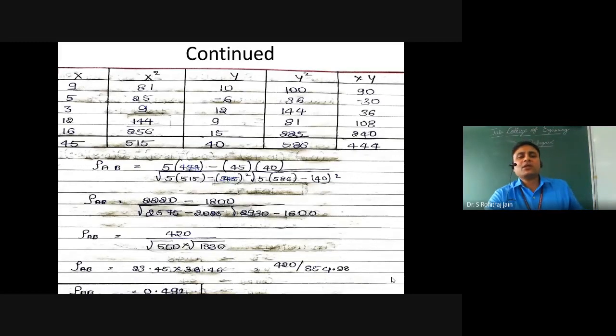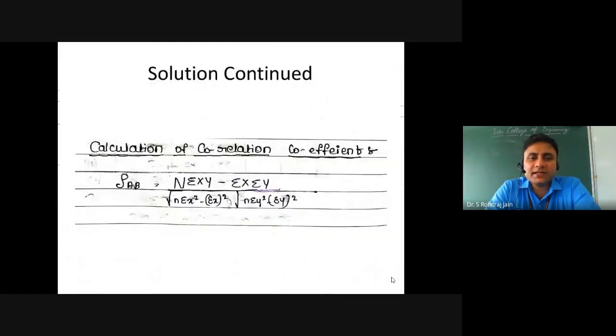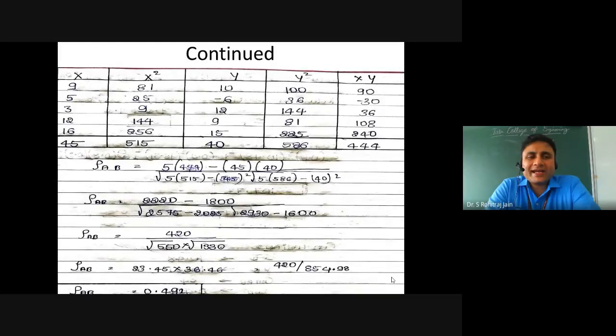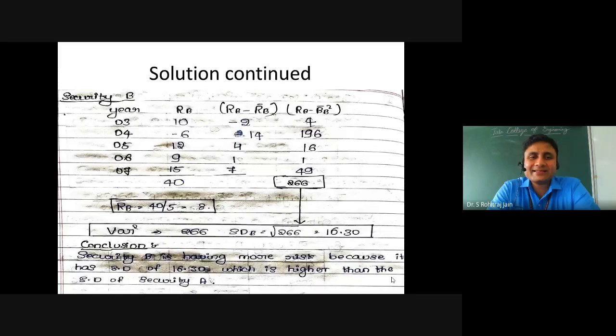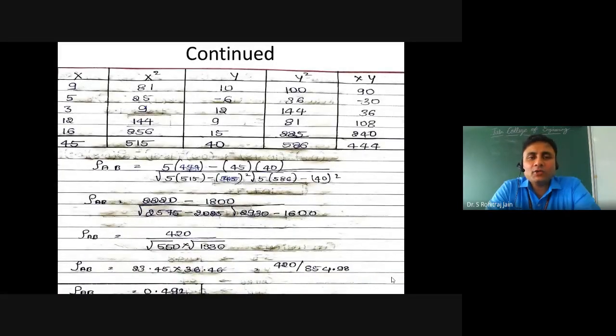Now first I'll calculate for security A, correct? So what are the values for security A? 9, 5, 3, 12, 16. See, I'll check: 9, 5, 3, 12, 16 for security A. So I have symbolically written it as x. And then x square, that is squaring of that.